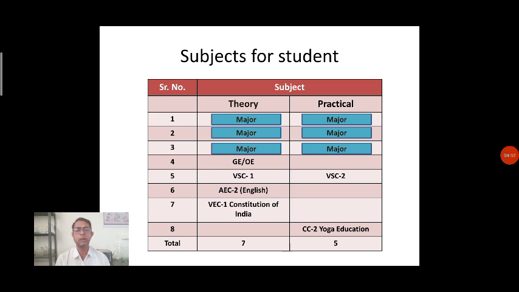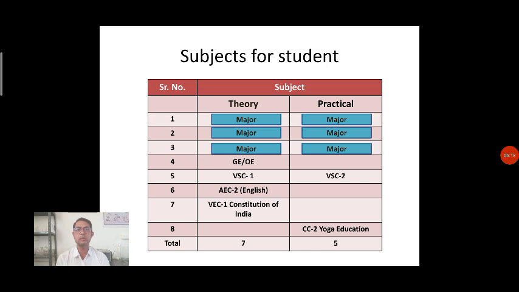Some students have the botany, zoology, chemistry group, some students have the botany, chemistry, microbiology group, or another group is also there. So there is this major theory group, and to this major theory group there will be practicals for the student. So each student has the same 7 theories and the practicals, which is nothing but the 5 practicals.